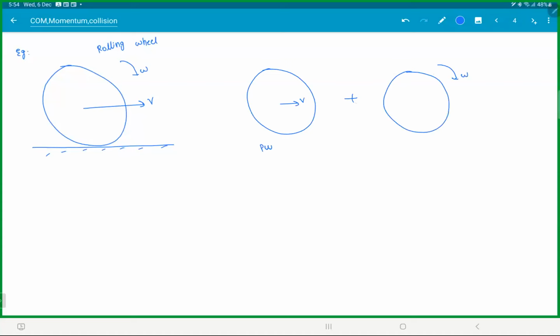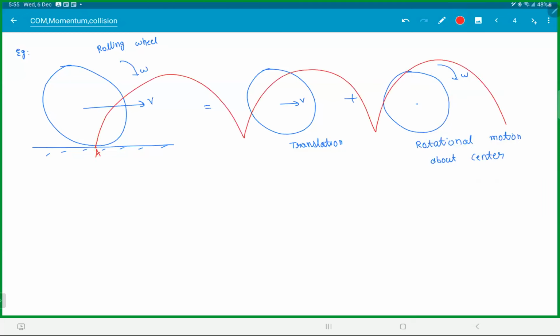You can take pure translation, as if the entire body is simply translating, and this is a rotation about the center. So a rolling wheel can be studied by splitting the motion into two parts. In this case, there's no circular motion. How are these points going? If you look at the path of this point here, it is going like this. This is not a circular motion. That's a cycloid. So in this, particles are not going in a circle. This is a combination of translation plus rotational motion.